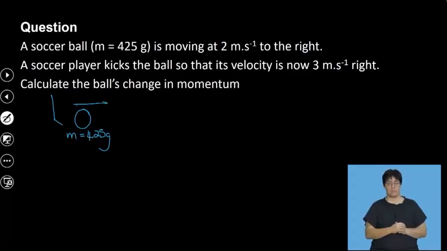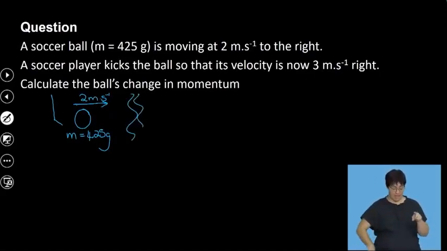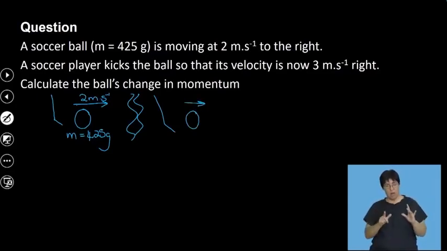It's initially moving at 2 meters per second. Then the soccer player kicks the ball. There we go. So here's his leg again, which has changed size and shape, but we're not going to worry about that. And now the soccer ball is still going to the right, and it's going at 3 meters per second.